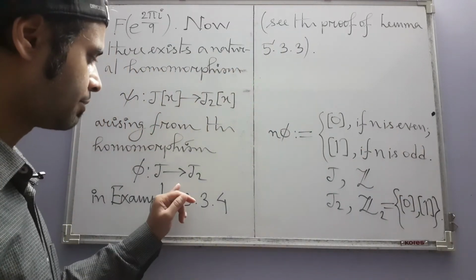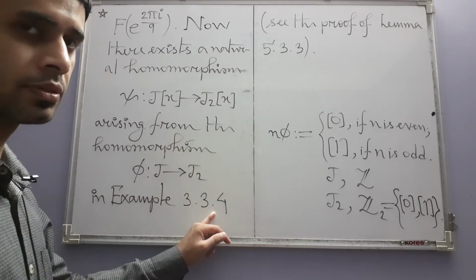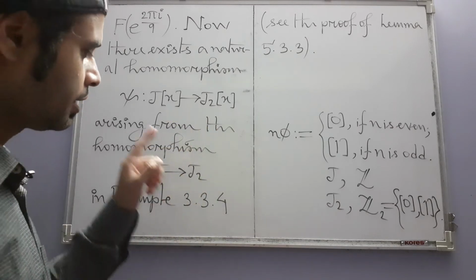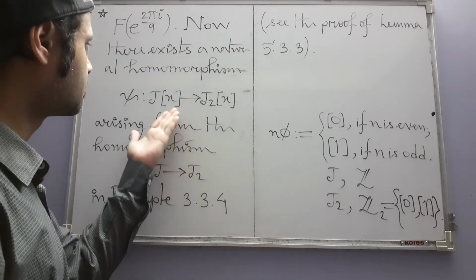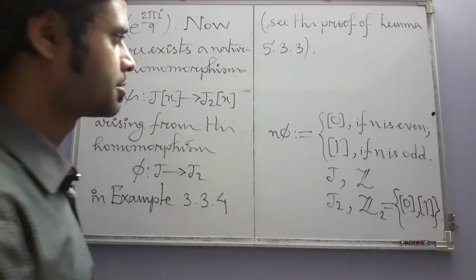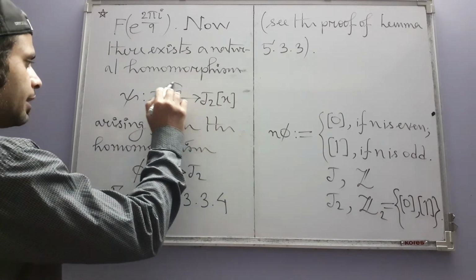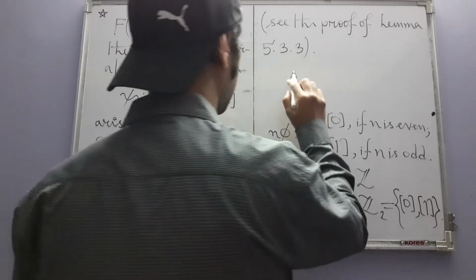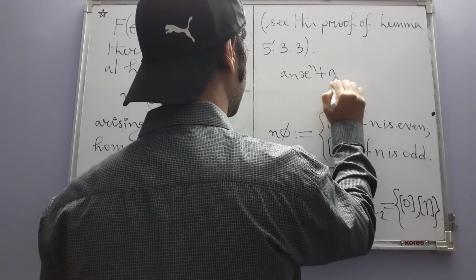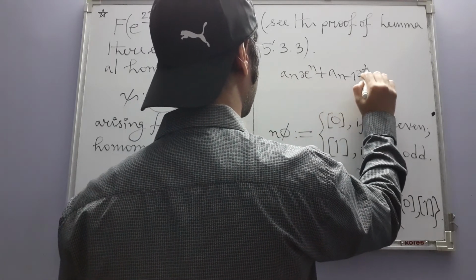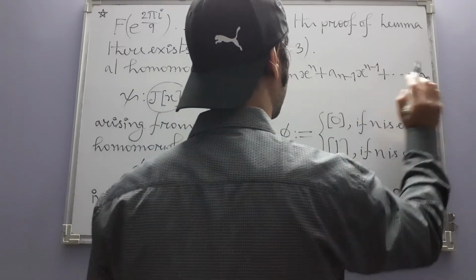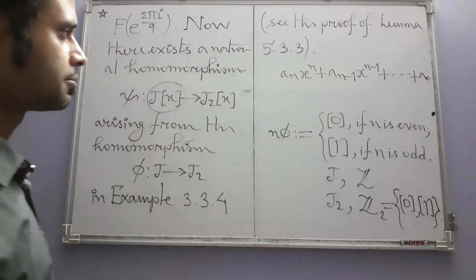It turns out, in fact, we have seen when we studied rings, that this is in fact a homomorphism, and this homomorphism naturally gives rise to a homomorphism between these two polynomial rings like this. Taking an element from here means what? You are going to look at a polynomial with integer coefficients where all the ai's are integers.